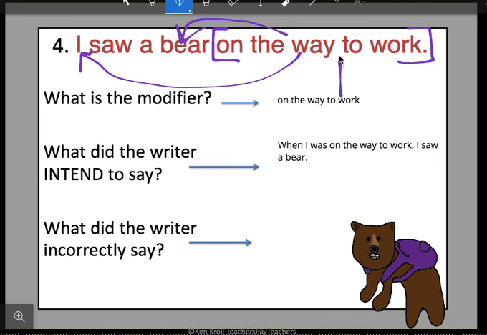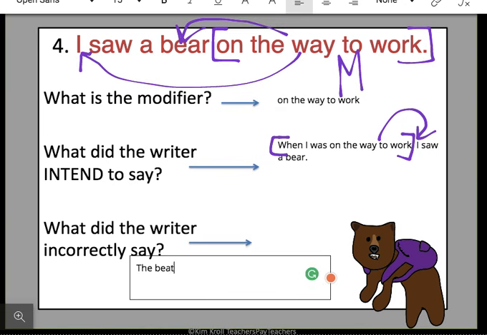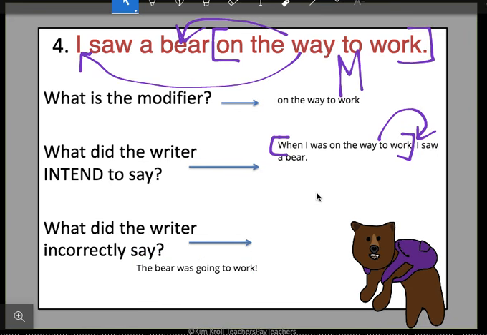So this is a misplaced modifier because the modifier is placed next to the word bear, making it sound like the bear went to work, when it should have been placed closer to the word I, like we did here. We put this right next to the word I. So it makes it sound like I was going to work. So they incorrectly said that the bear was going to work. So again, an example where a misplaced modifier causes some confusion.